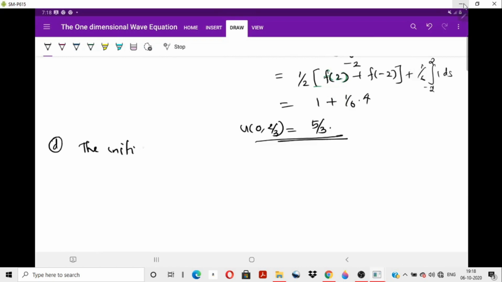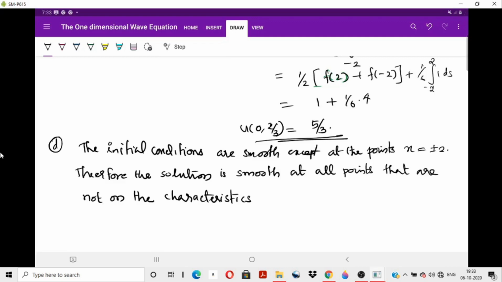So from the initial conditions it is clear that the initial conditions are smooth except at the points x equal to plus or minus 2.